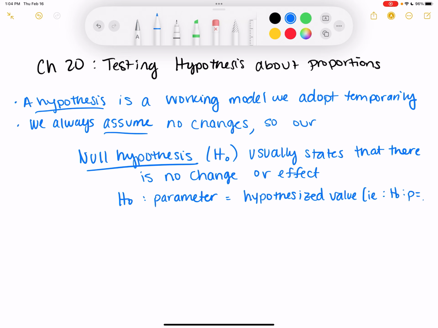So for example, the alternate to this null could be a couple different things. It could be P is greater than 0.20. It could be that P is not equal to 0.20, or that P is less than 0.20.